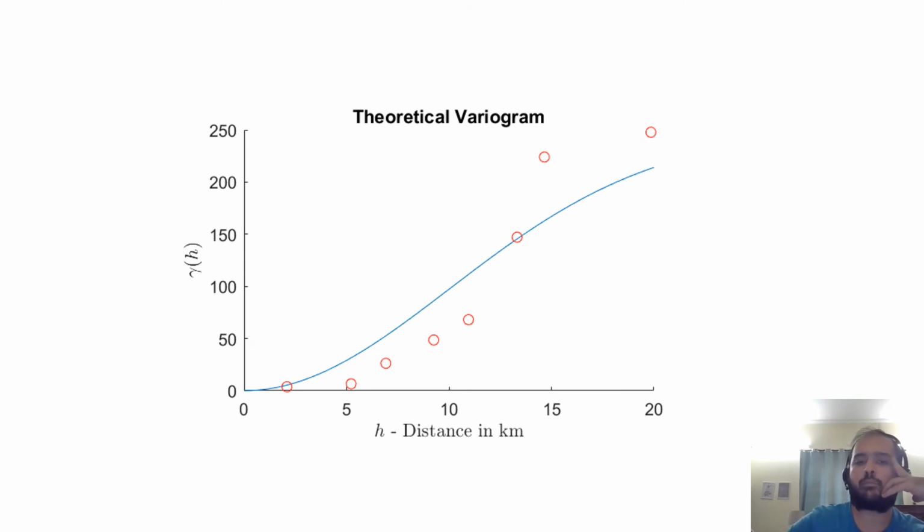So now that you have this blue line, if you want to take the variogram at, for instance, a distance of 17, there was no such pair at 17 distance in the sensor network, but because you now have this theoretical variogram, you know that at 17 you have a variation of about 200 or something. So this is going to be your deliverable for the first week of this project.